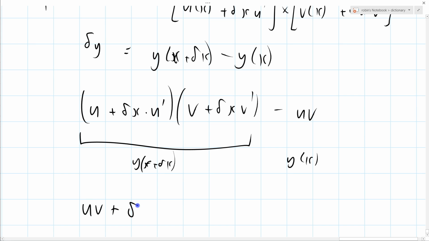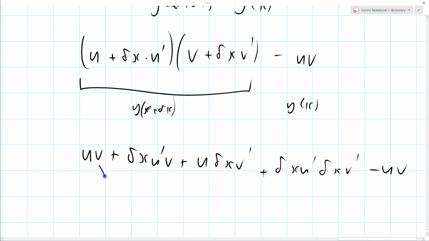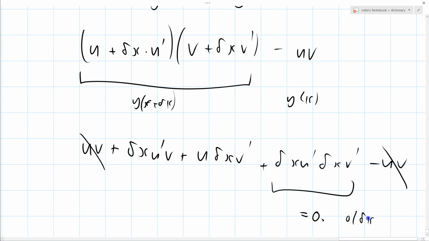uv plus delta x u dash v plus u delta x v dash plus delta x u dash delta x v dash minus uv. And that cancels. This one is equal to 0. Why is that equal to 0? That's equal to 0 because it's order delta x squared, which we can ignore because it's very small, so we can forget that.